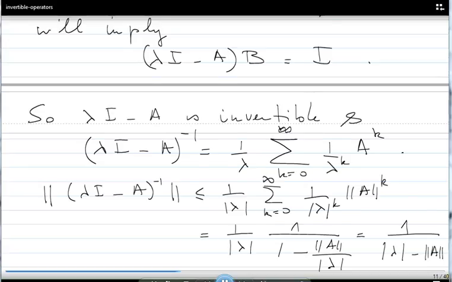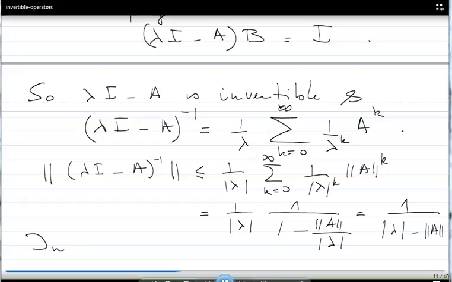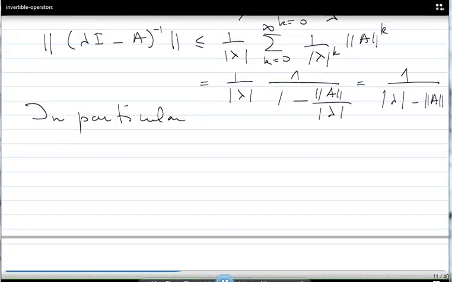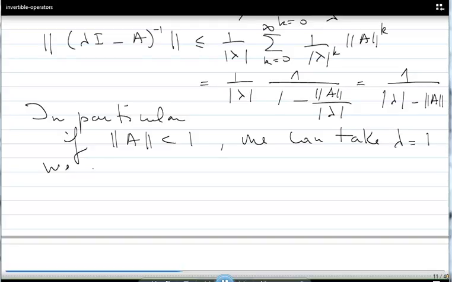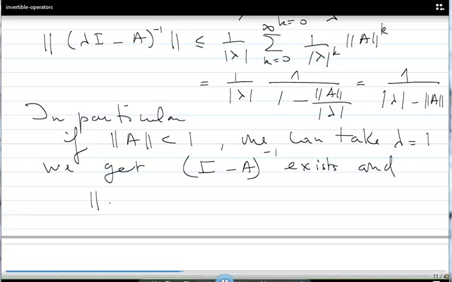Okay, so in particular, if the norm of a is less than 1, one can take lambda equal 1, and we get that I minus a inverse exists, and the norm of I minus a inverse is less or equal than 1 over 1 minus norm of a.